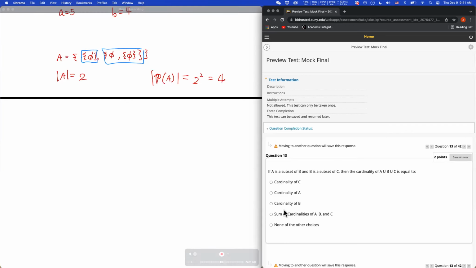Okay, now here it's asking if A is a subset of B, and B is a subset of C, then what's the cardinality of A union B union C equal to?